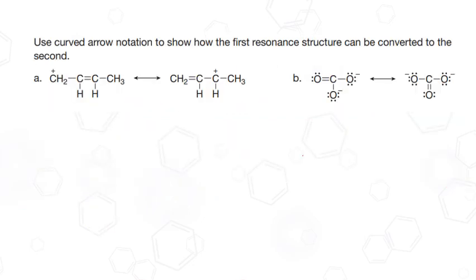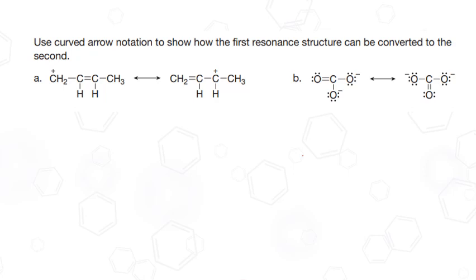Okay, more examples. This time we are told to indicate the curved arrow to show the movement of your electrons. So from here, you have single, double, single. It became double, single, single.